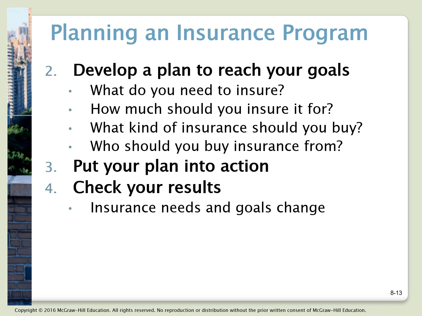What is the plan? What do you need to do? What do you need to insure? How much do you want to insure it for? What kind of insurance should you buy? Do you want to buy term insurance or whole life insurance? Lots of different options are out there for you. You put that plan into action, and you check your results. Insurance needs and goals change. Do you reach the point where you don't need as much insurance?